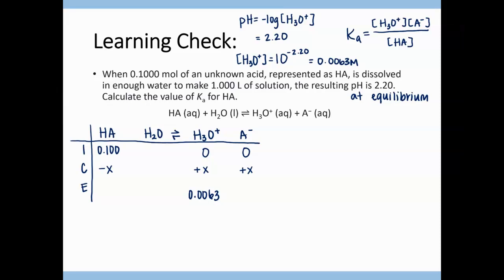So if we started with a concentration of 0, added X, and we got 0.0063, then X is equal to 0.0063. Now we can fill in concentration of A minus is 0.0063. Concentration of HA at equilibrium is 0.100 minus X, so minus 0.0063, which is 0.0937.